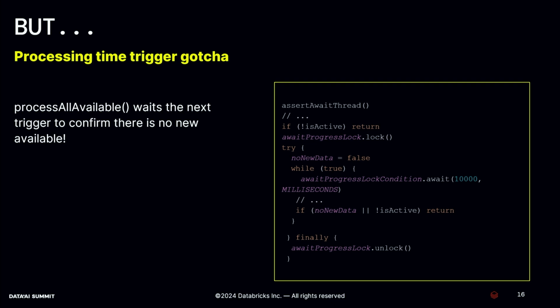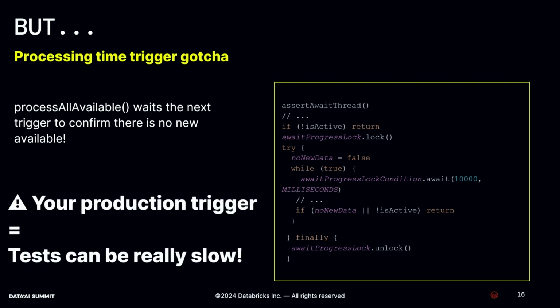So logically, if you use a microbatch of 30 seconds, for example, you will need to wait 30 seconds each time to know whether there is new data to process, whether your main thread can be released and continue. Obviously, your test will be very slow in that case, and you don't want that because unit tests are supposed to be very fast and run very often. So if you use the production trigger, be careful because it can be really slow.